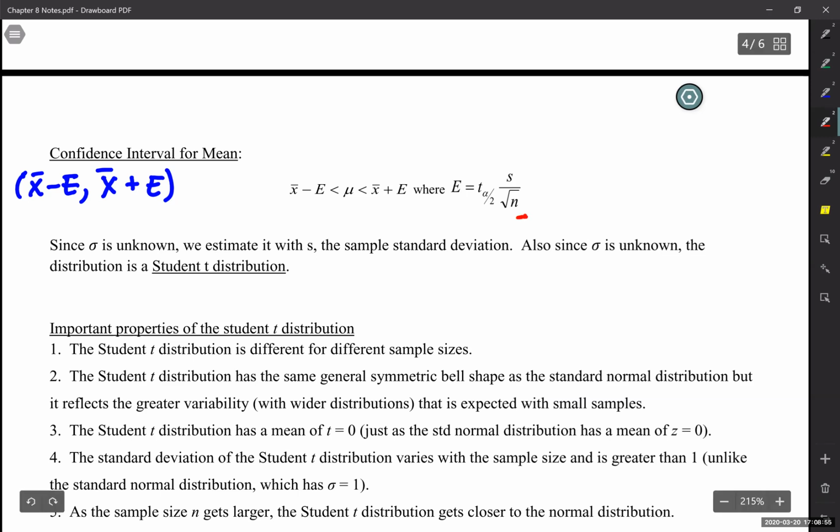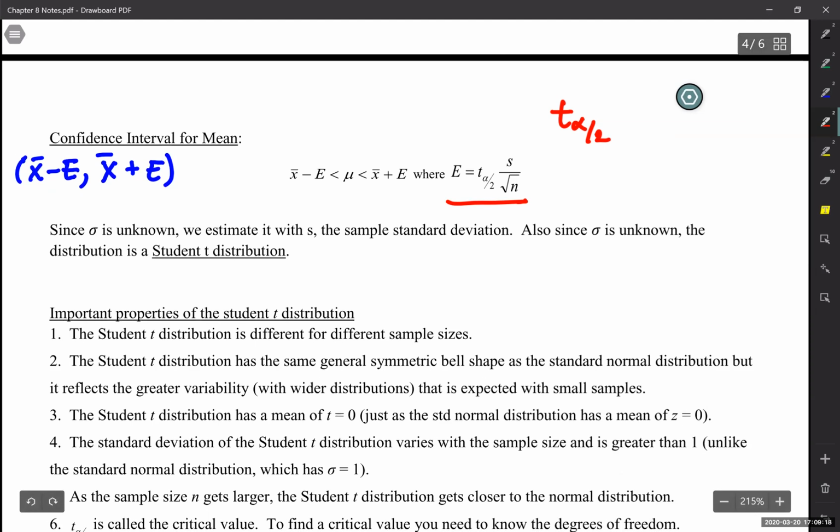And in order to calculate t of alpha over 2, we're going to go to that table that I mentioned at the beginning. All right, so we're going to need the degrees of freedom, and I will have that written out in a second.